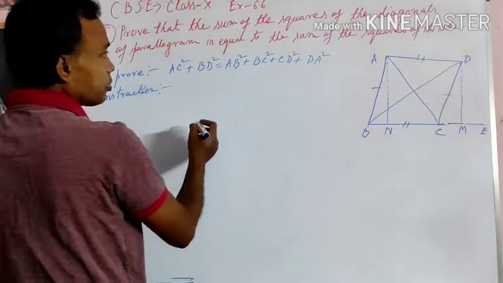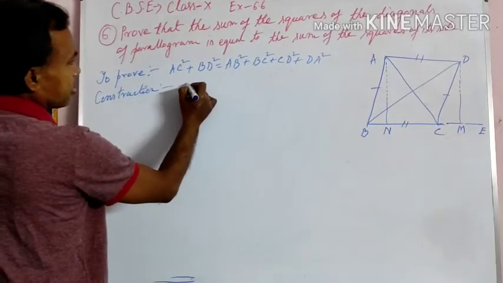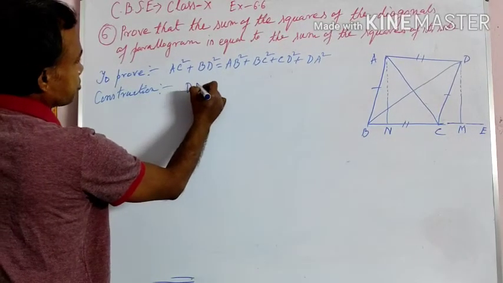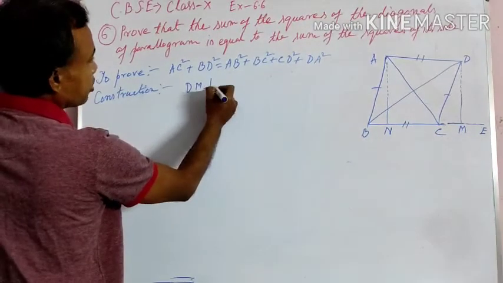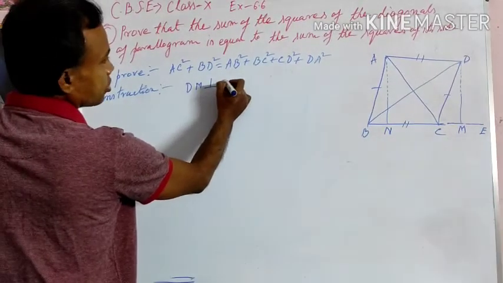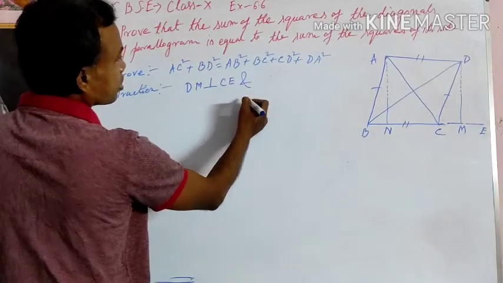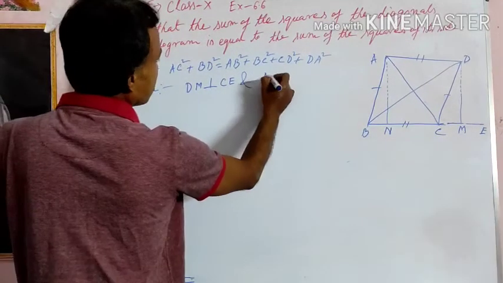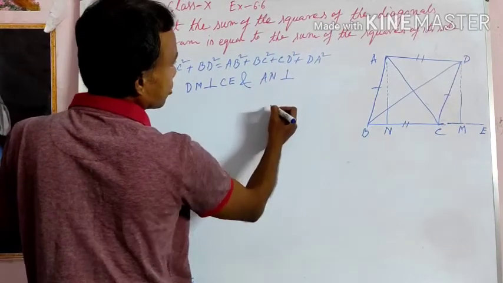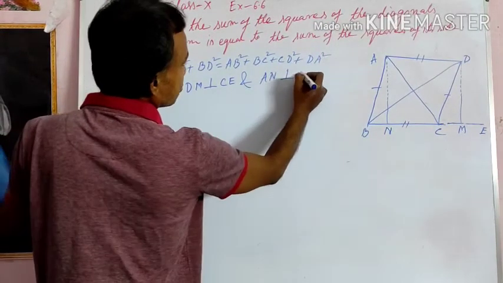So construction: DM is perpendicular to CE and AN is perpendicular to BC.